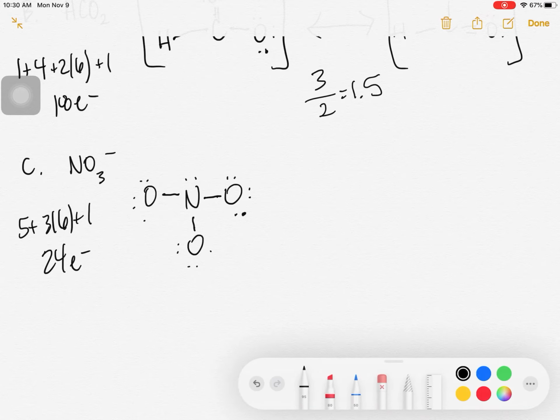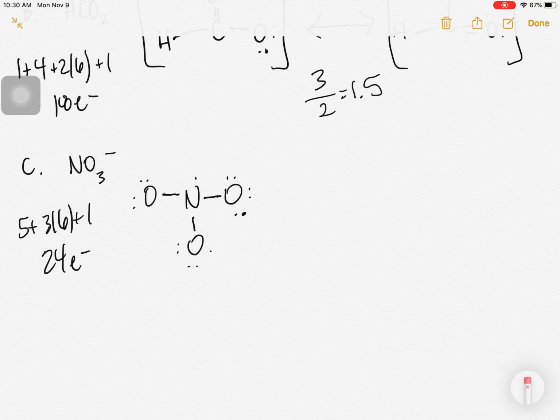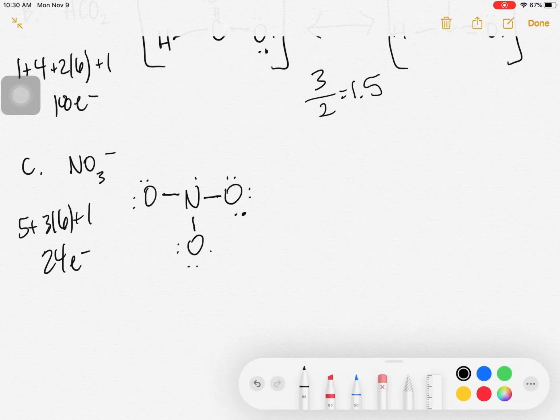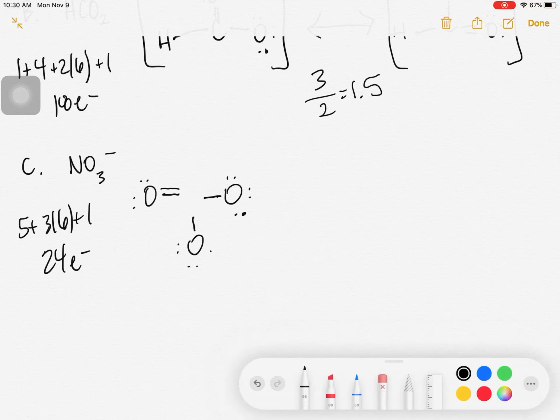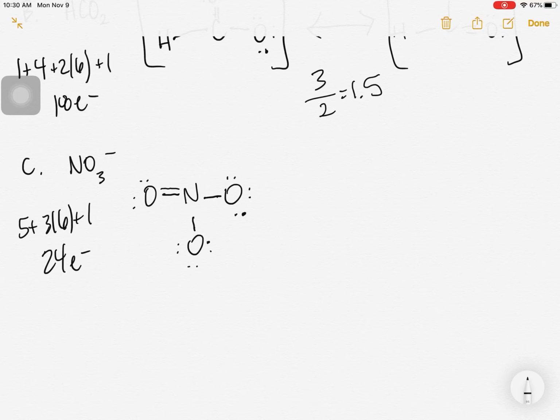I definitely know I'm going to need a double bond somewhere, so let's just take those 2 and make one. Nitrogen's got 1 too many, and I've got an oxygen who needs that one, so I'll move it here. And there's my picture for NO3 minus, the nitrate ion.